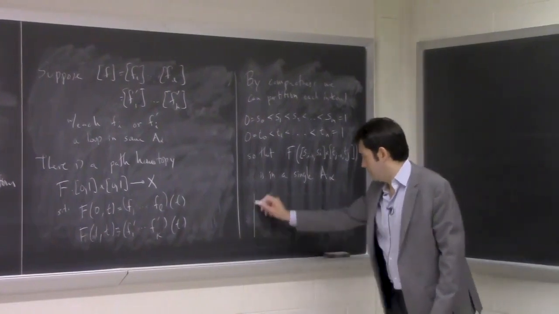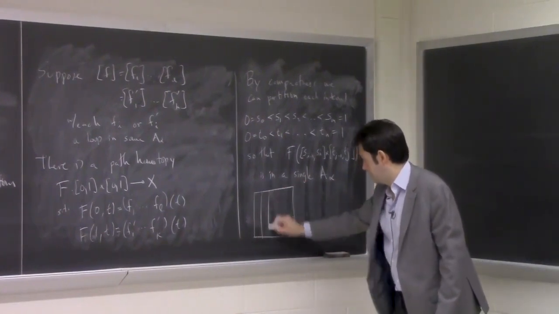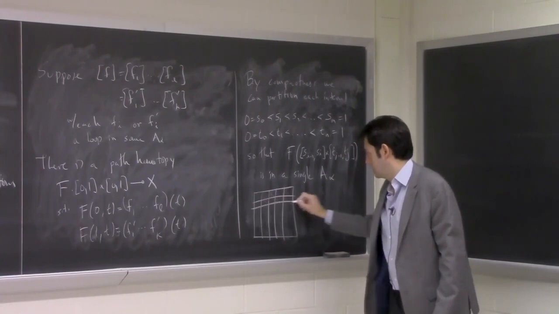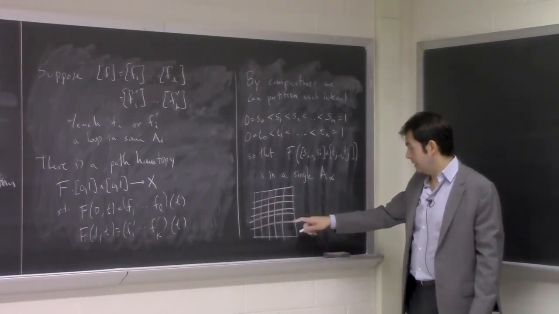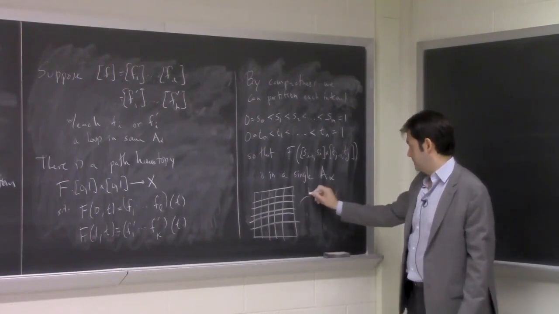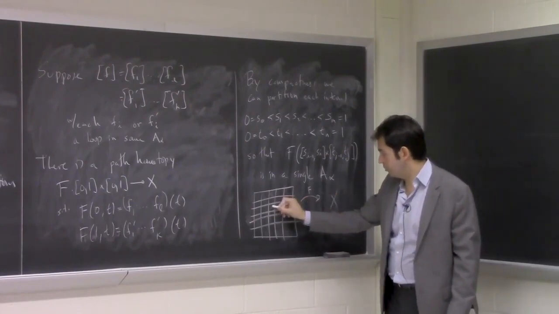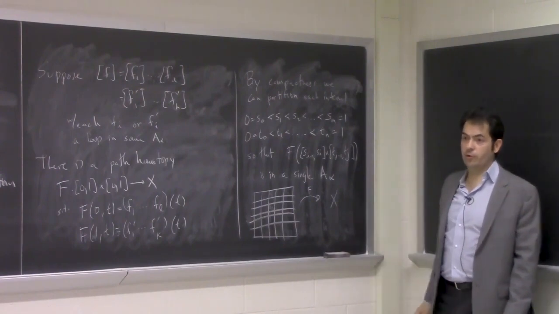Right. So, right, we've ended up with some grid, and F maps this to X. But it has the property that every little square gets mapped into a single open set.